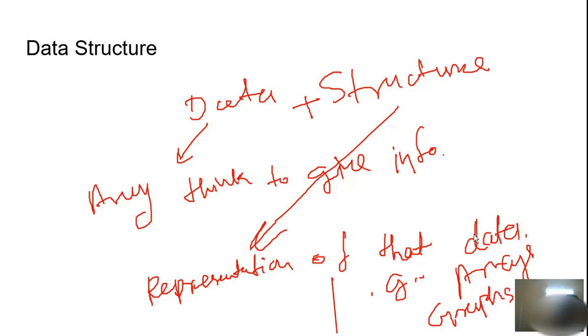Okay, so here we understand one by one. Let's understand what is Python. Python is a programming language.